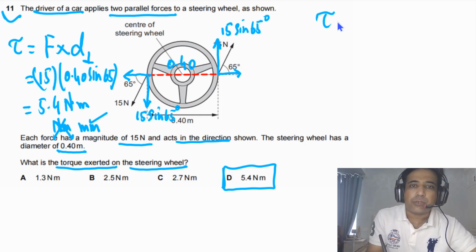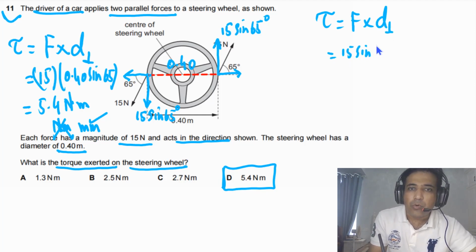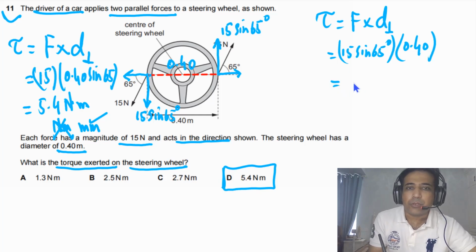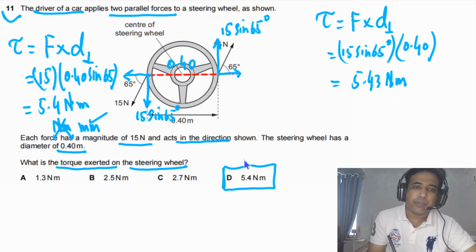So we have force times perpendicular distance: 15 sine of 65 degrees multiplied by 0.40. If we solve this one, you will get 5.43 newton meters. So the answer for this question is D.